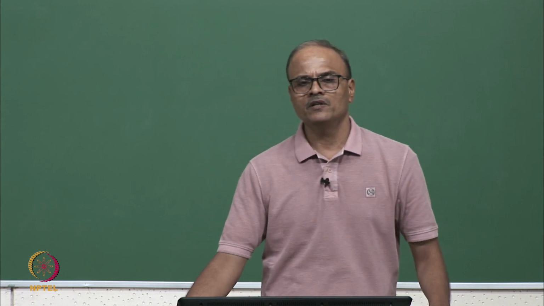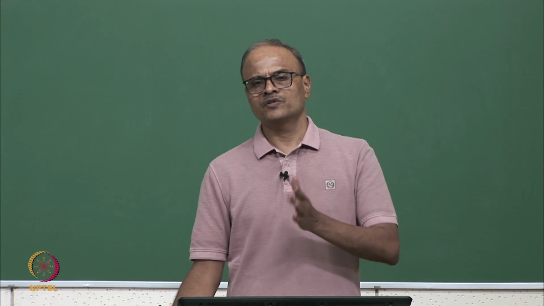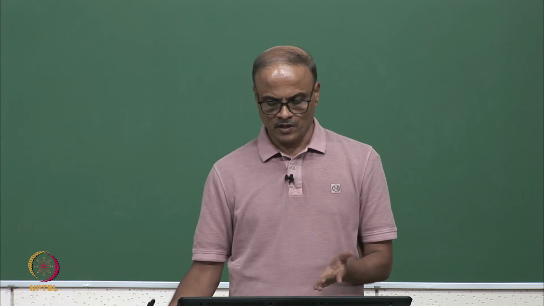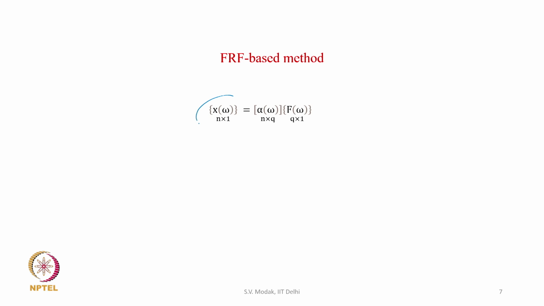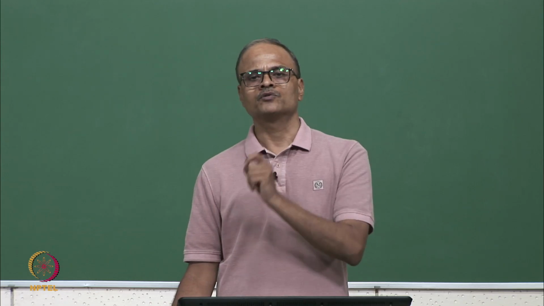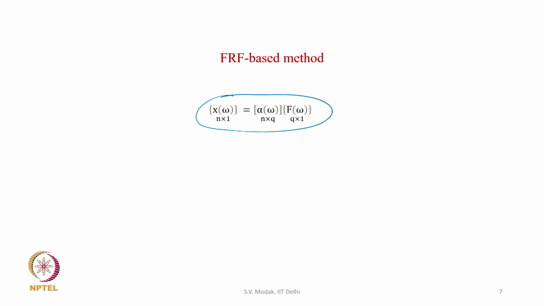So, the relationship between the response at n points and the forces which might act on the q degrees of freedom is given by this relationship. x is a vector of size n by 1, the force vector is of size q by 1, and these responses and forces are related by the receptance matrix alpha, which will be of size n by q. It contains the frequency response function at any 1 degree of freedom corresponding to the response coordinates, and any 1 degree of freedom from the force coordinates. So, there are n into q number of FRFs.